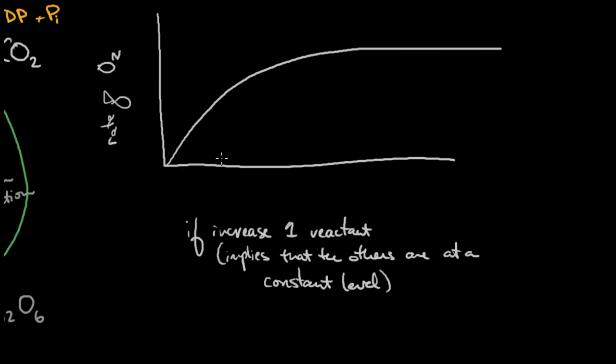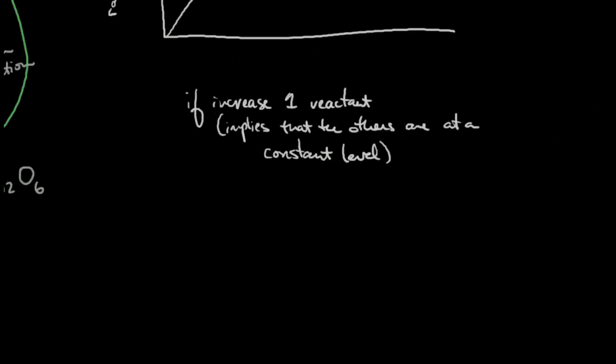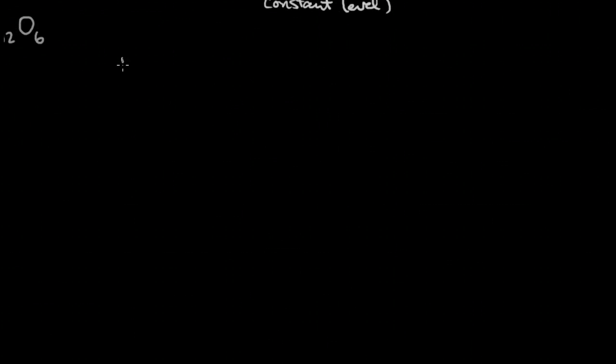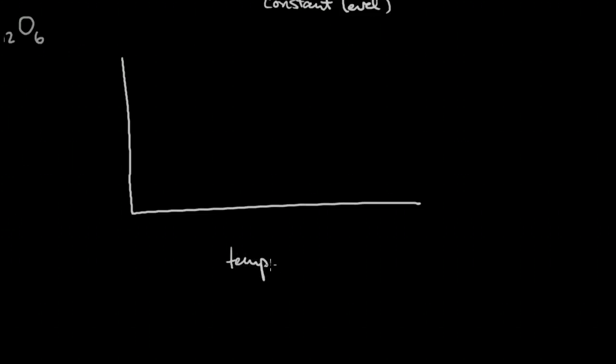So when we say we're increasing the amount of carbon dioxide or the amount of water, we're going to see a curve like this because we're not increasing the other reactants. But what's interesting, coming back to this idea of the stomata, is that if we're increasing temperature, then if this is the rate of oxygen gas, what we actually see is a curve that looks something like that.